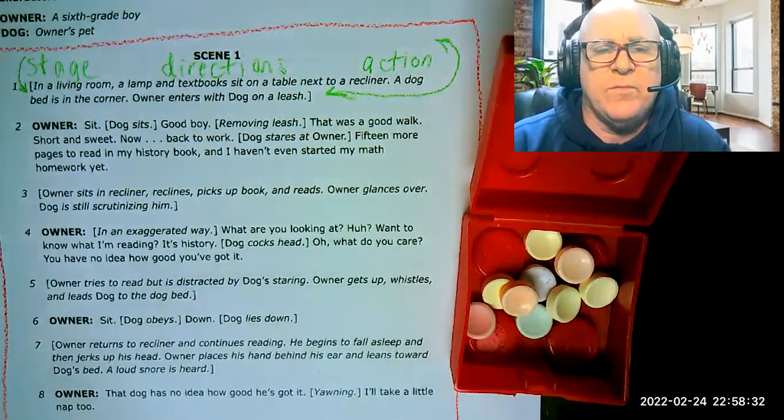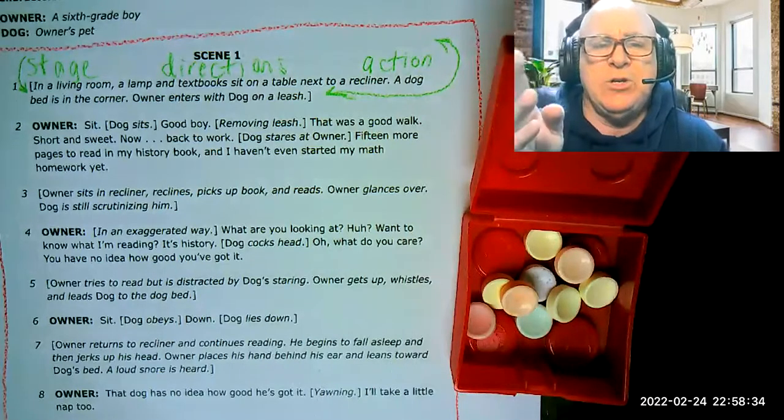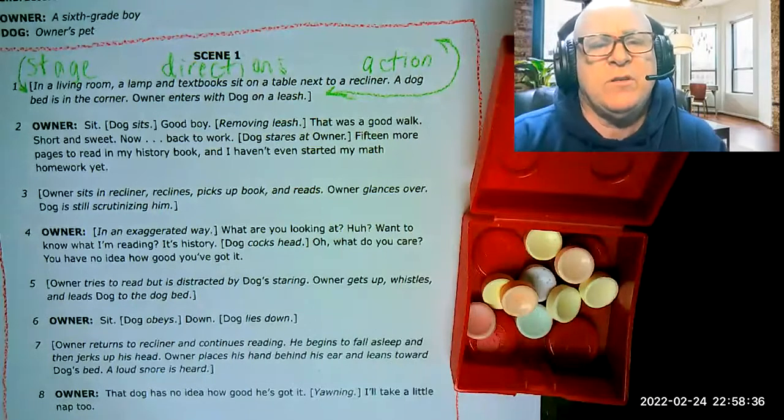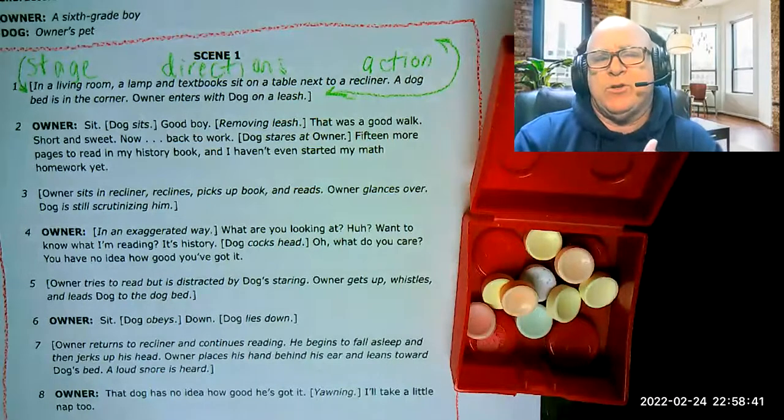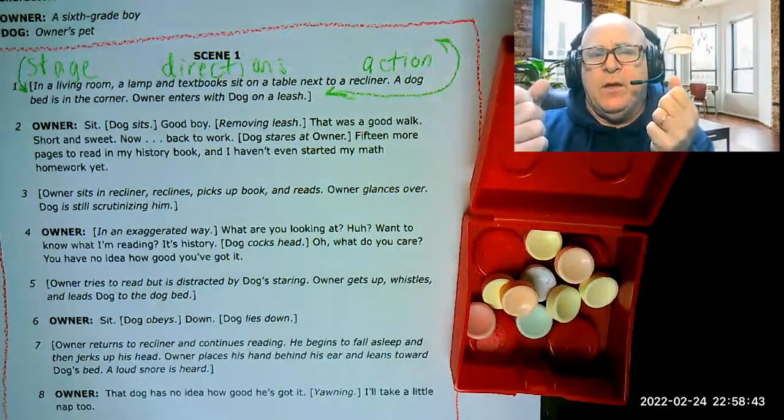So all this, all right. Stage directions: owner sits in recliner. Action. Reclines. Action. Picks up book and reads.